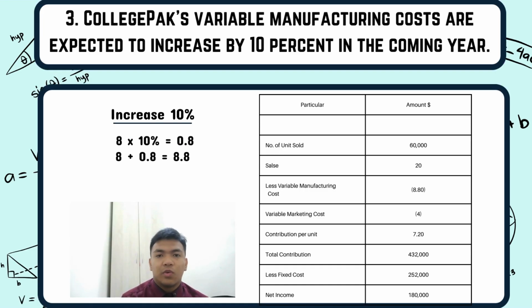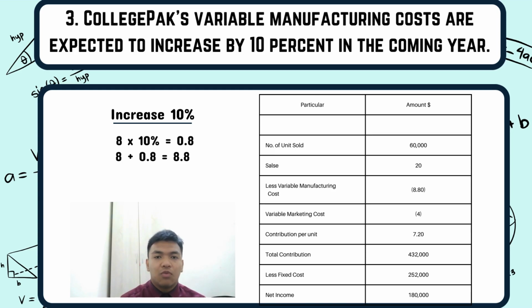Alright, the third question is that College Park's variable manufacturing costs are expected to increase by 10% in the coming year. We use the same income statement as for the first question, but change the variable manufacturing costs due to the increment of 10%. After the increment, the new manufacturing cost is $8.80.